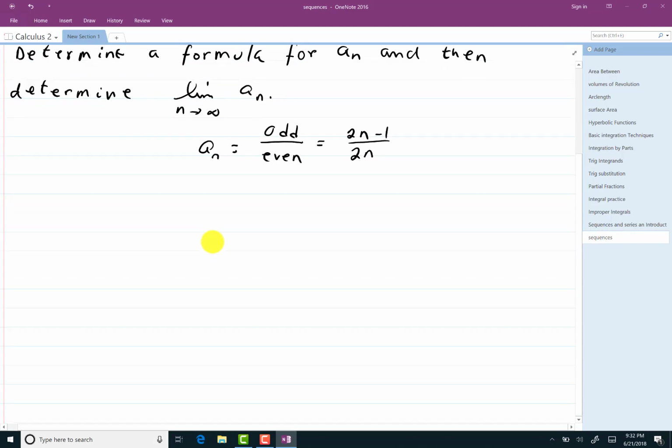Now to find the limit, you can do L'Hopital's rule, but there's really no need in some of these problems. It's very simple. All you've got to do is divide by the highest power of n in the numerator and the denominator. So you go 1 over n times the numerator, because the highest power of n is 1, and do the same thing down here.